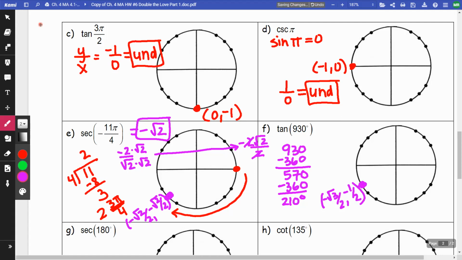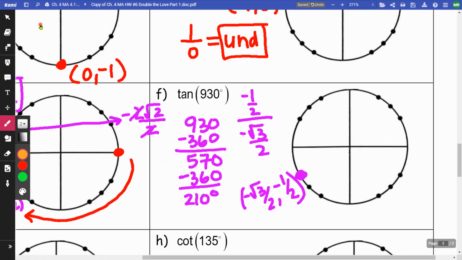The tangent, I'm going to take my y over x. So I'm going to have a negative 1 half over a negative root 3 halves. I'm going to end up multiplying by the reciprocal. Let me just zoom in here. So instead of dividing by negative root 3 over 2, I'm going to multiply by negative 2 over root 3.